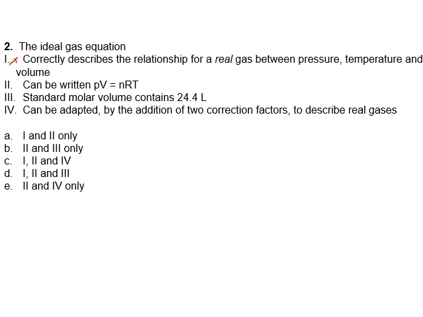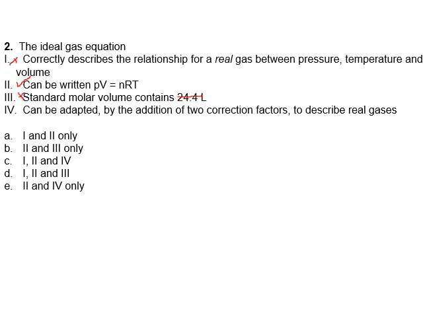So that is X. Number 2, the ideal gas equation can be written PV equals nRT, and that is correct. Number 3, the standard molar volume is 24.4 liters. Is that right? So think about it. Remember when we did the standard molar volume, it was 22.4 liters, not 24.4, right? So this is not right. So this is going to get an X.